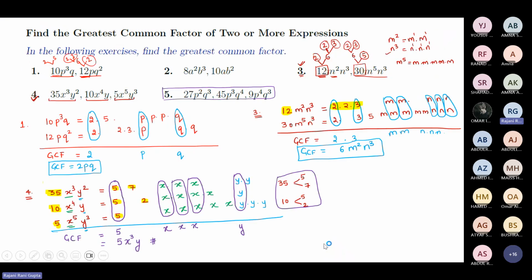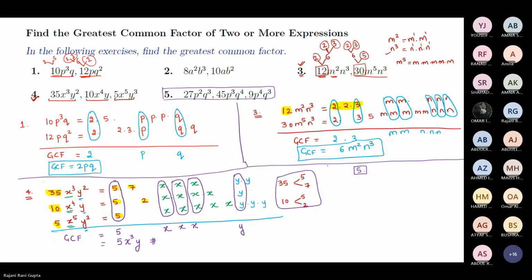Let me see the answer. So we need the answer for 5: 27 p squared q cubed, 45 p cubed q 4, 9 p 4 q cubed.